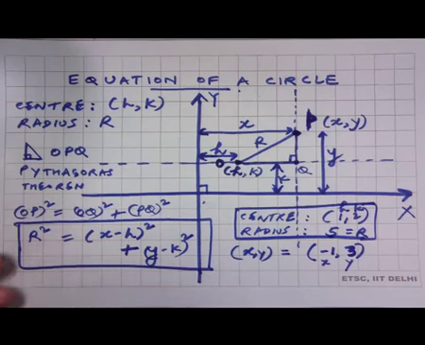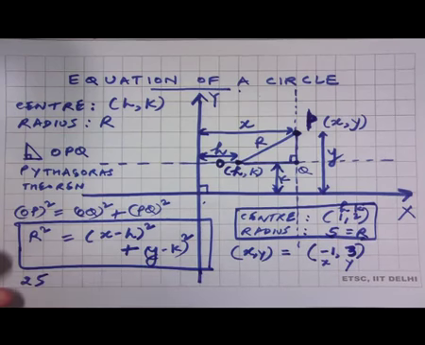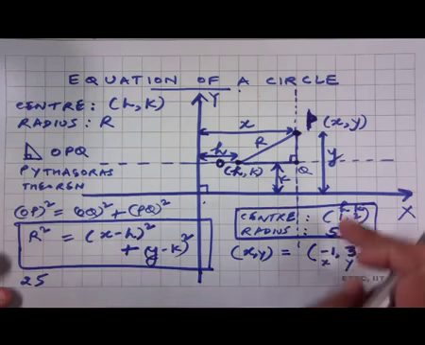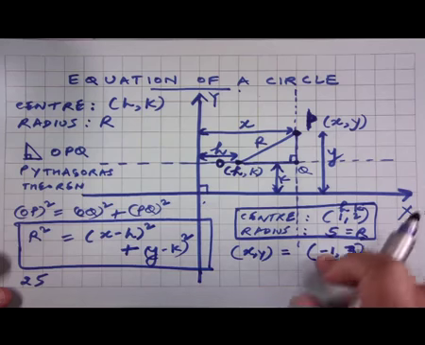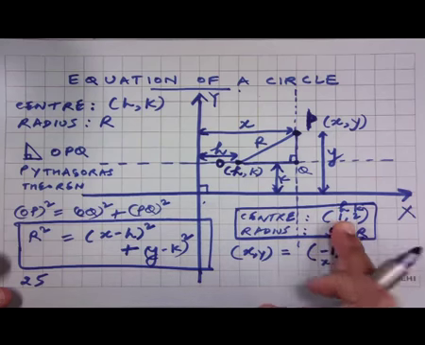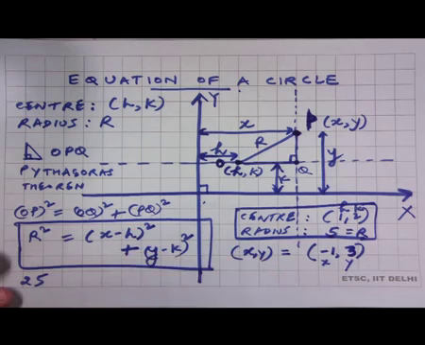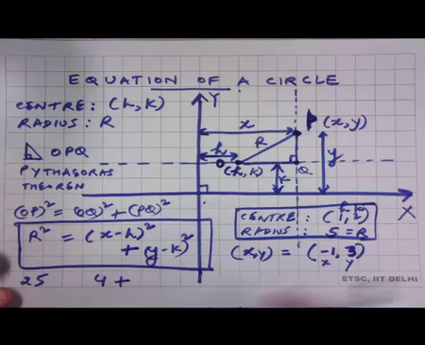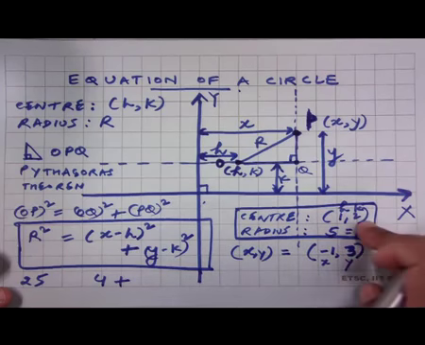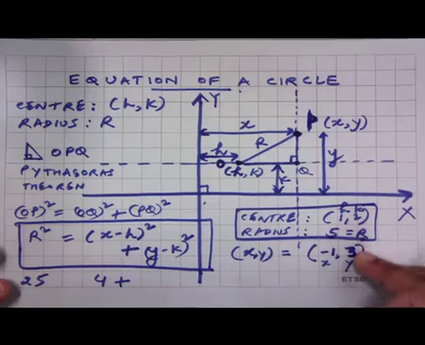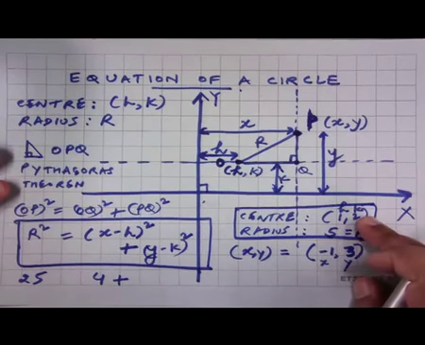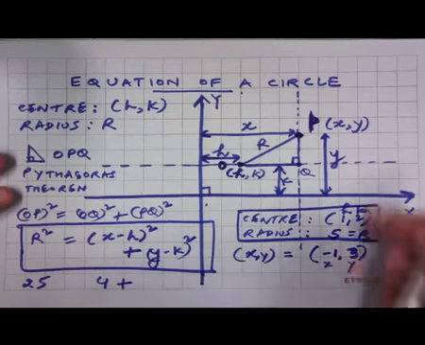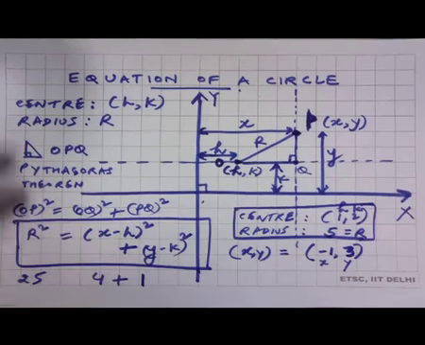The left hand side of course is 5 squared, which is 25. On the right hand side we have x minus h, so -1 minus 1, which is -2. So (-2) squared is 4. Then y minus k, 3 minus 2, so (3 minus 2) whole squared is 1.